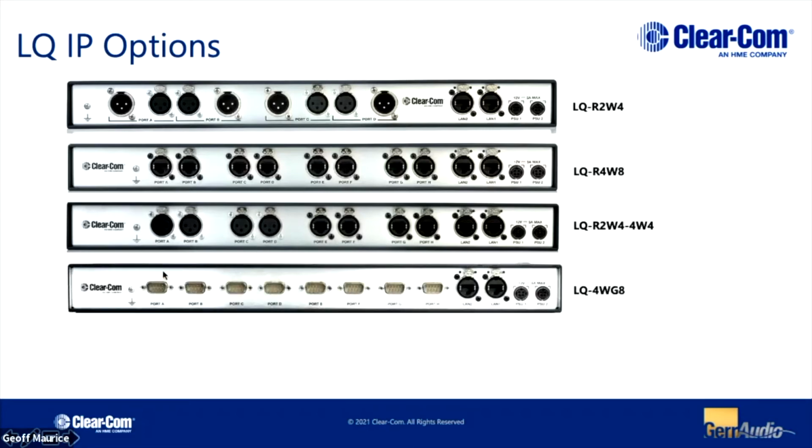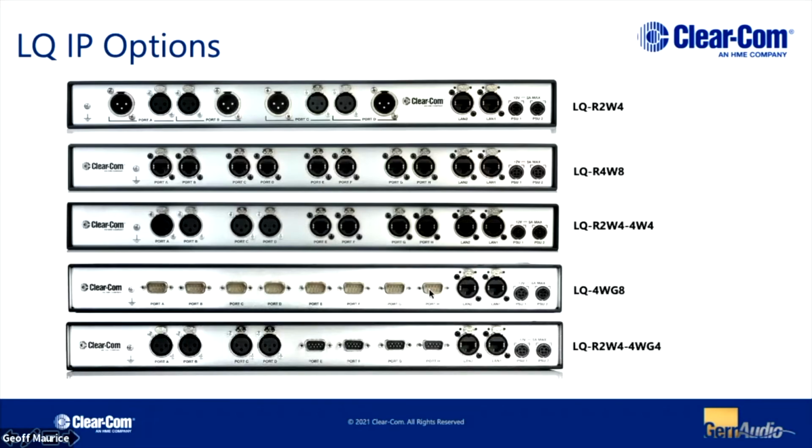It's 8 channels of 4-wire, but with the logic I/O as well. And the last one is a combo unit where it's 4 channels of 2-wire and 4 channels of the 4-wire radio as well. So this box and this box have definitely been popular for us. They're nice gateway boxes to drop down at a remote site and have a lot of connectivity.